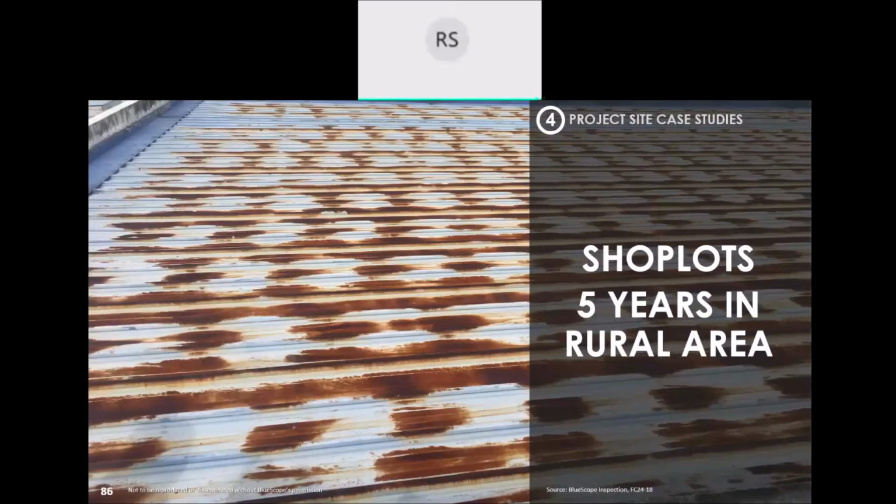So let me share with you some of the lessons that we have learned from some of the case studies that we have done. From the start, we actually studied a not-so-corrosive area, where this shelf lot itself, we received from a complaint. It was actually rusted after 5 years in a rural area, in a not-so-corrosive location, somewhere on the outskirts, outside of the industries.